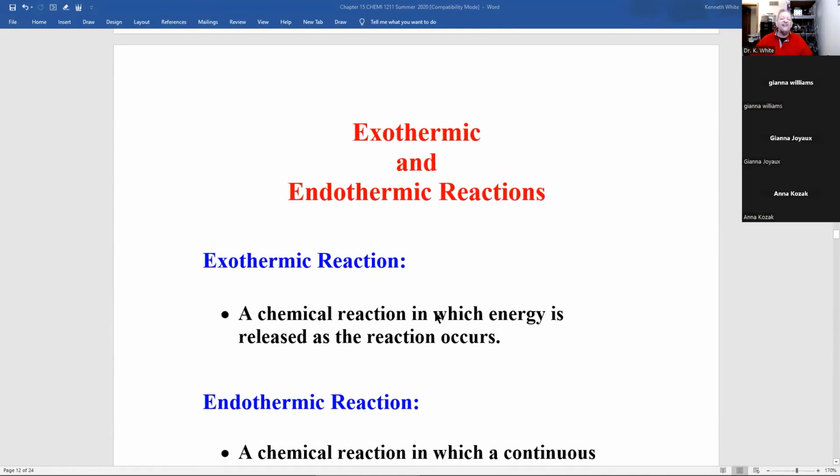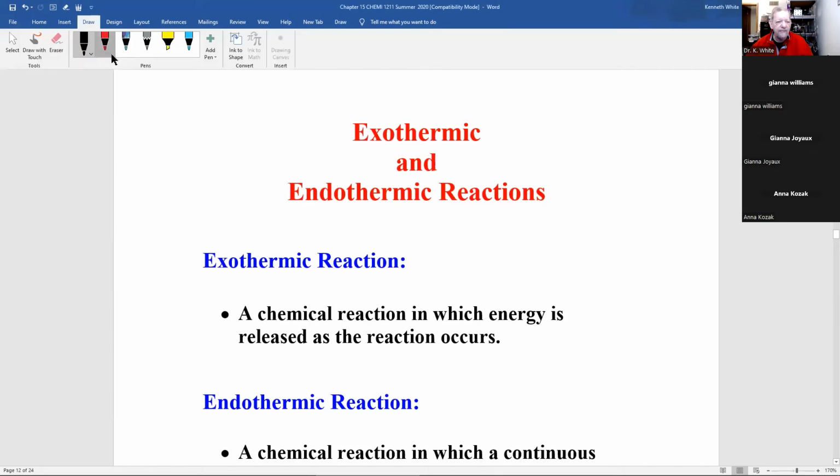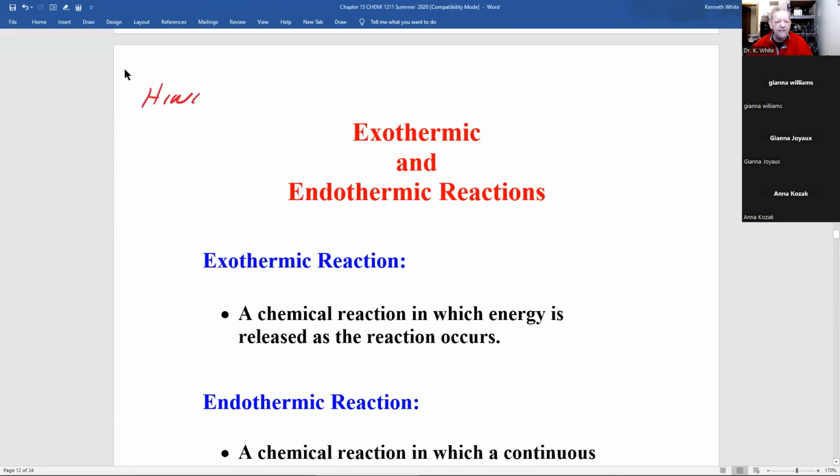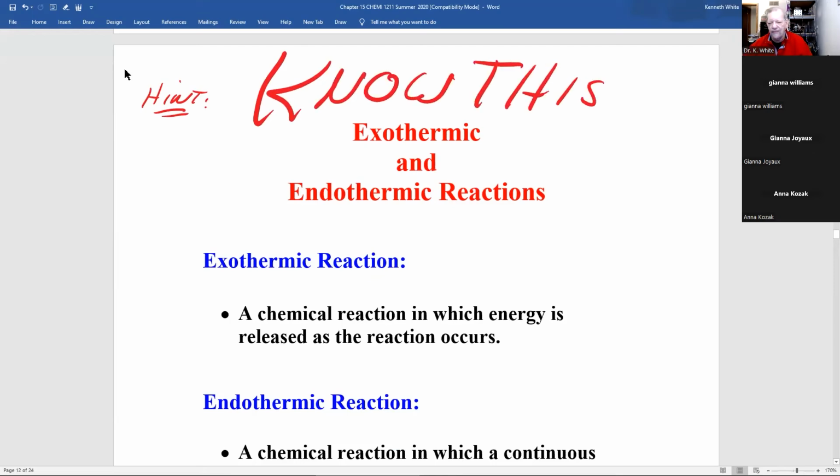Now, one way of classifying chemical reactions is using the terms exothermic and endothermic.